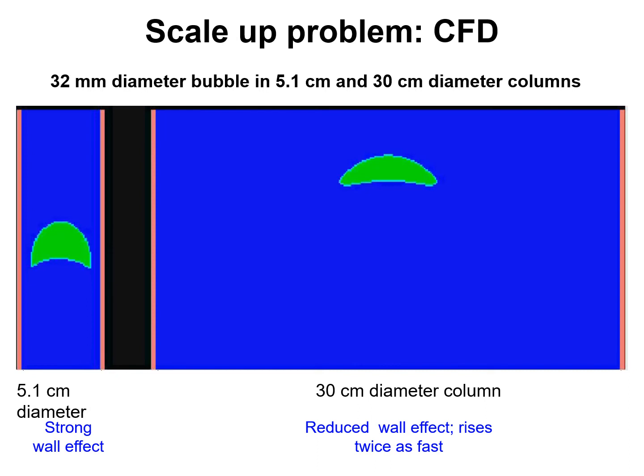Now, these wall effects or lack thereof need to be taken into account in scaling up bubble column reactors, because in practice the bubble column reactors could have dimensions that range up to, say, 20 meters in diameter and 40 meters in height.